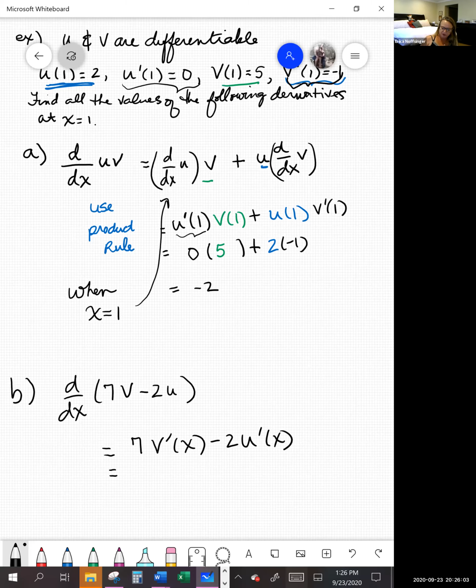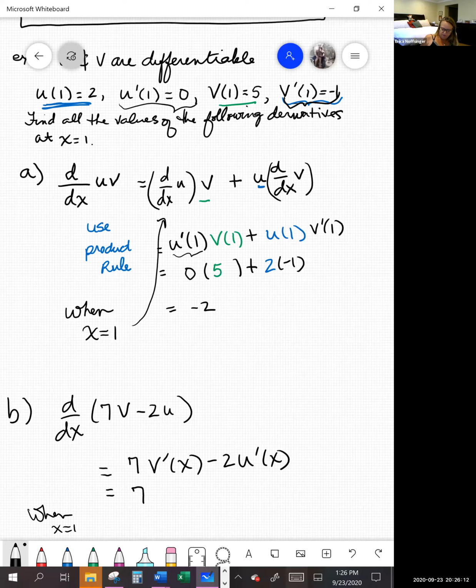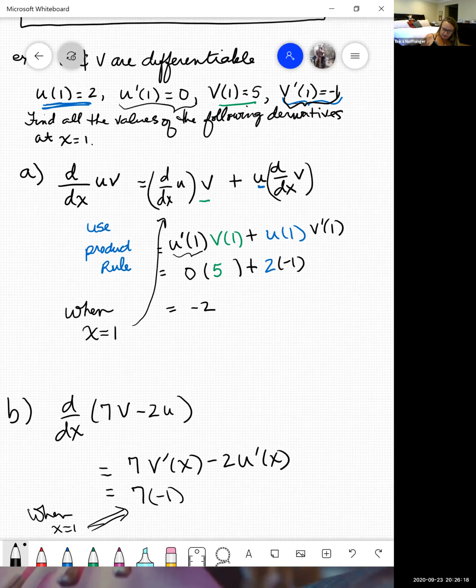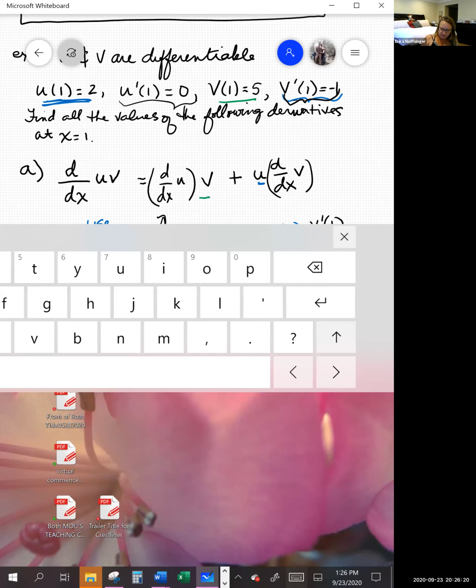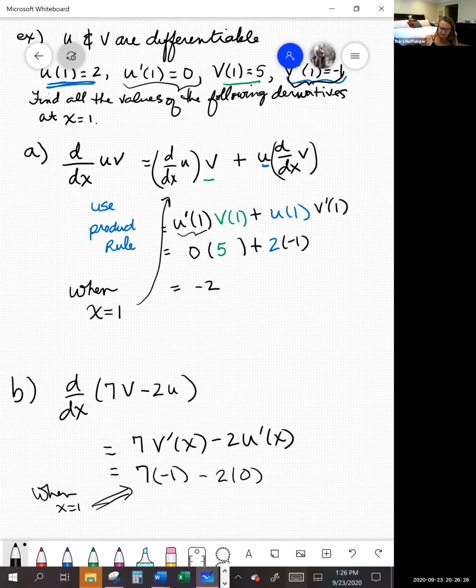Now we're plugging it in when x equals 1. Then we have 7 times negative 1, minus 2 times u prime of 1, which is 0. So this is negative 7.